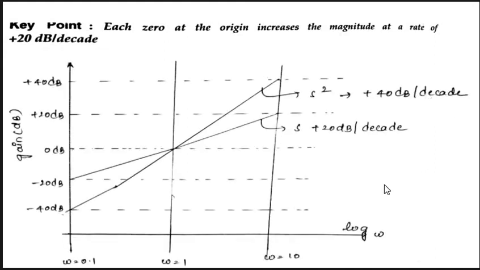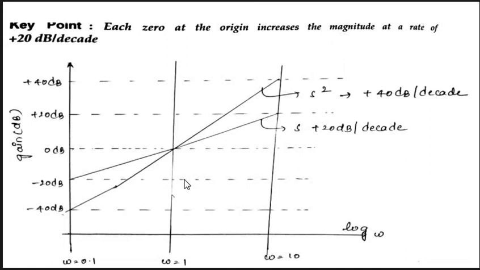Again, the magnitude plot for zeros. After completing the poles and zeros magnitude plots, we can go directly to the phase plots for poles and zeros. So this is the magnitude plot for zeros.